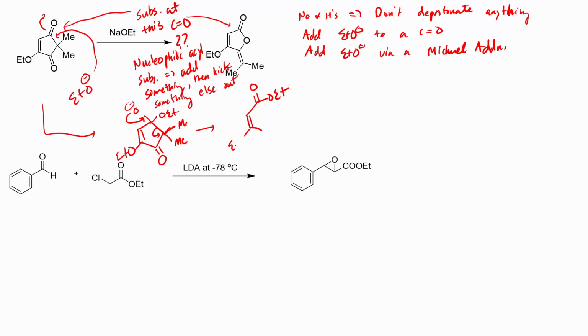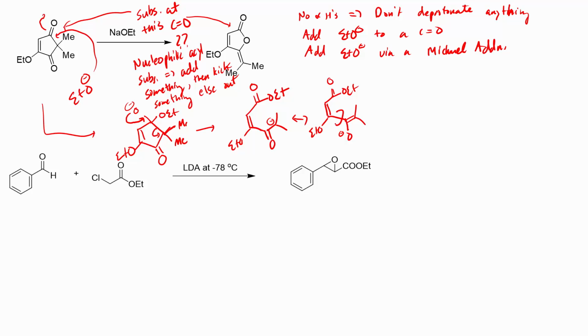Okay. All right, so that gives us this, which remember might be better represented as an enolate. Here the enolate is actually what we should gravitate to.